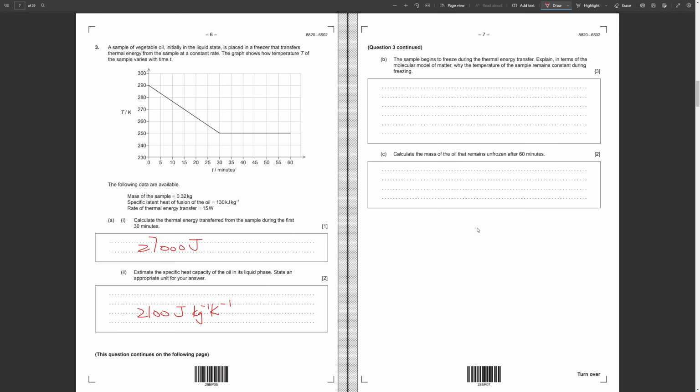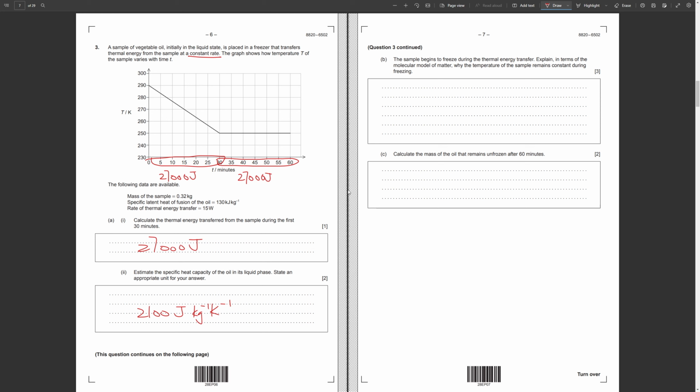Part C, we are going to calculate the mass of liquid oil. From 0 to 30th minutes, here we have 27,000 joules of energy transfer. And because it is transferring at a constant rate, from 30th up to 60th minutes is also 27,000 joules of energy transfer.